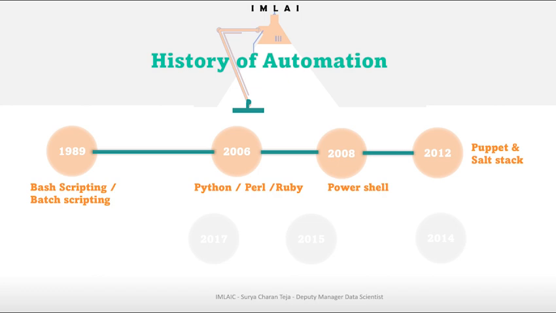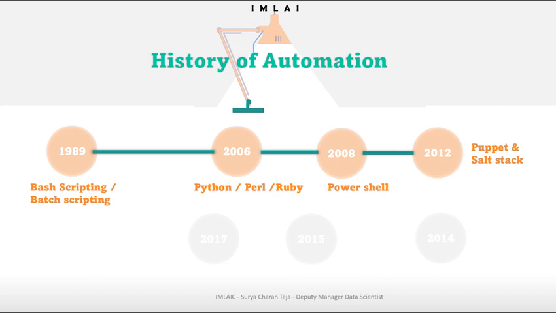Generally, we used to run Puppet agents through Salt Stack, an initial setup through Salt Stack, and then most of the configuration through Puppet. It was a kind of mixture of using multiple automation tools, and after that came Chef.